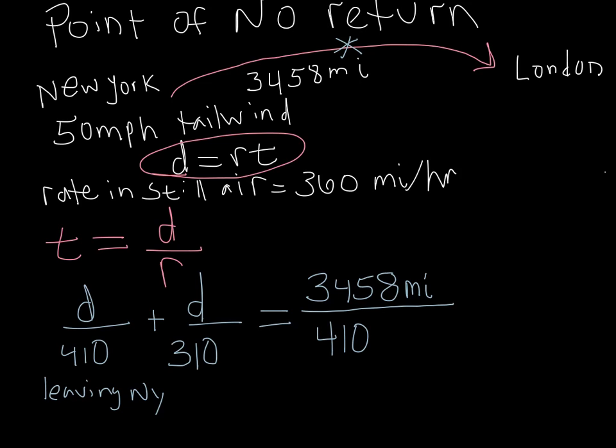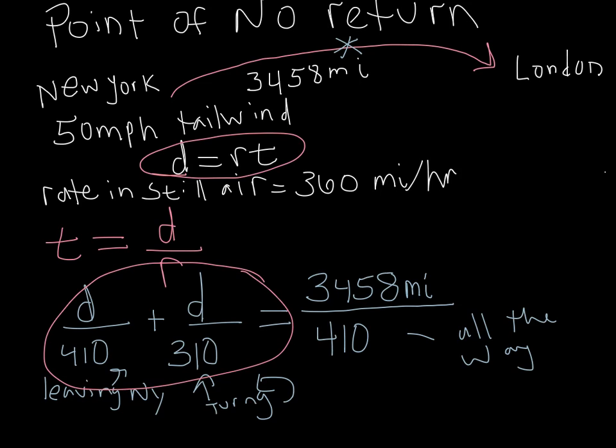This is how you want to set up your problem. So this would be leaving New York. This part was turning back. And this was the time to go all the way to London. To clarify again, this time is equal to this time. That's how I think about setting it up.